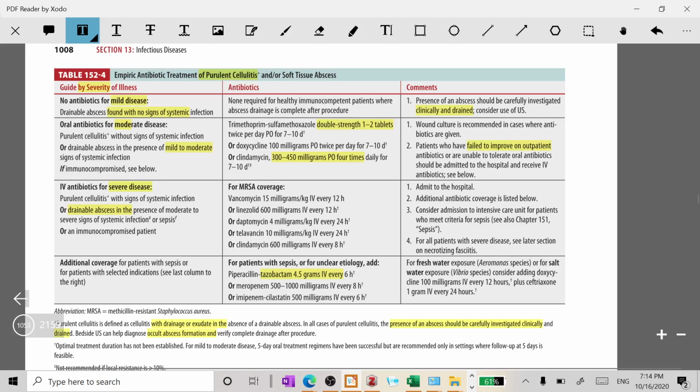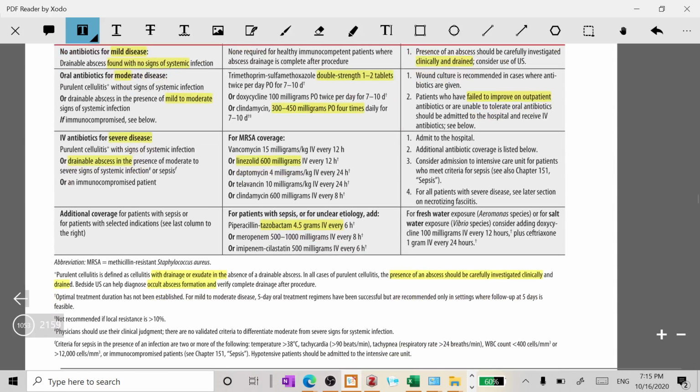For MRSA coverage, we administer vancomycin 15 mg per kg IV every 12 hours, linezolid 600 mg IV every 12 hours, or daptomycin 4 mg per kg IV once daily, telavancin 10 mg per kg IV every 24 hours, or clindamycin 600 mg IV every 8 hours.